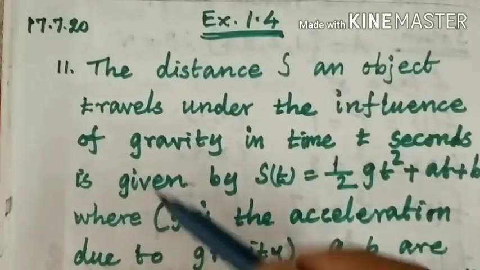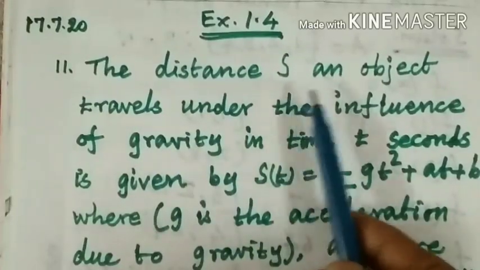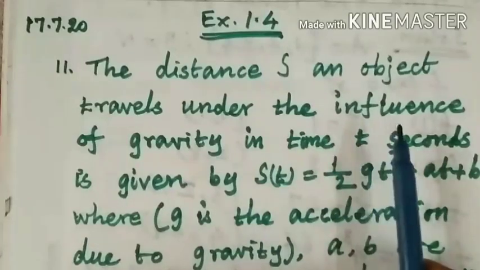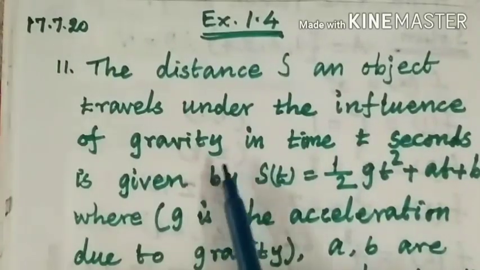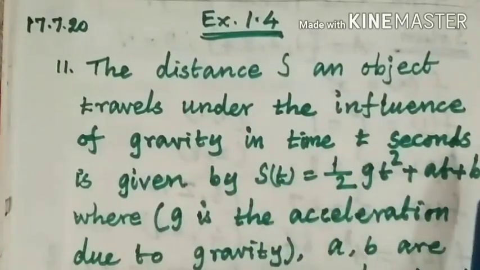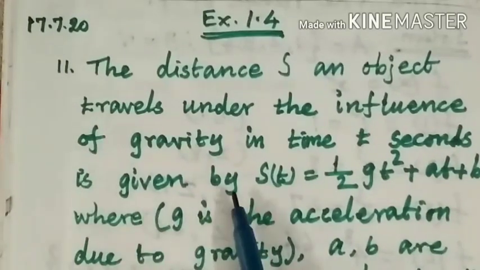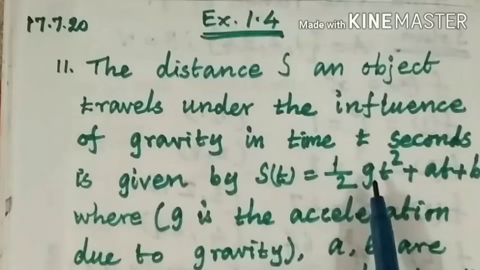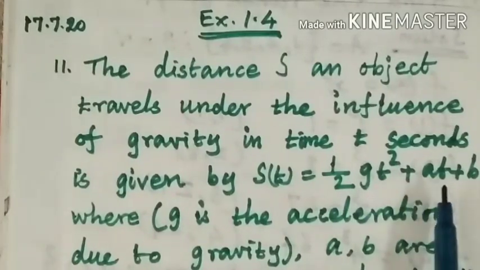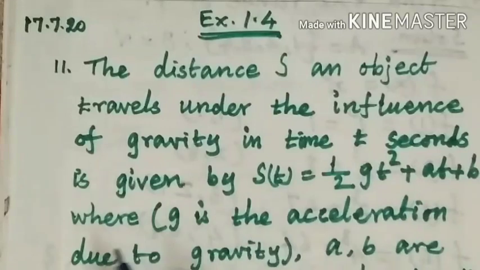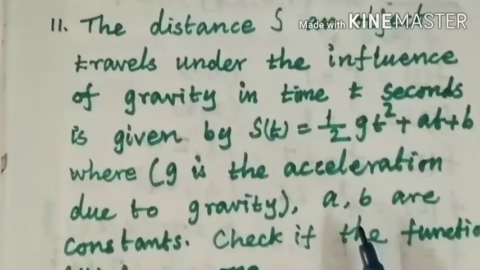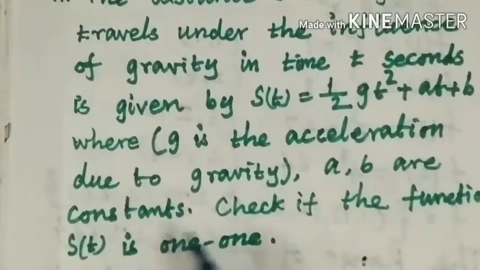See the question, the distance S an object travels under the influence of gravity in time t seconds is given by S of t equal to 1 by 2 g t squared plus a t plus b, where g is the acceleration due to gravity, a comma b are constants.